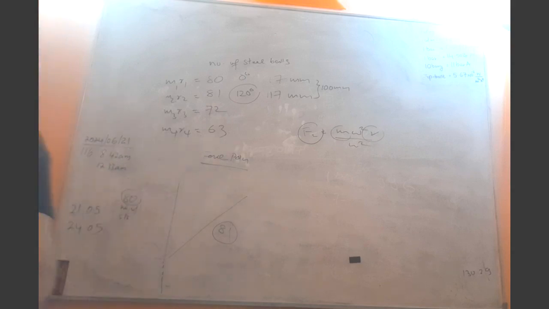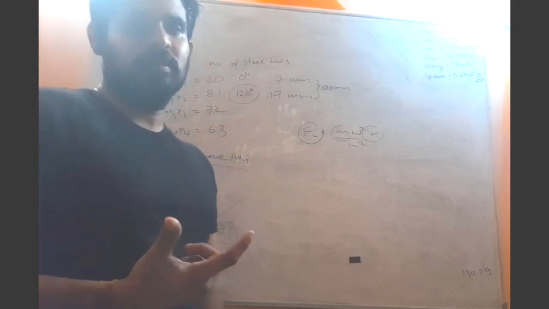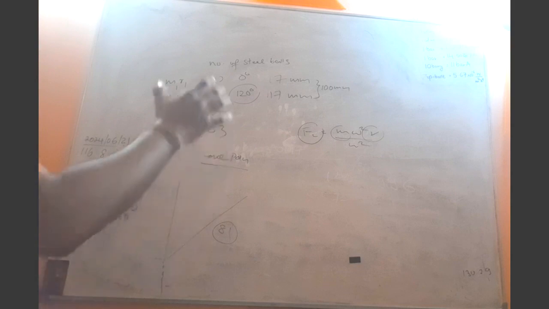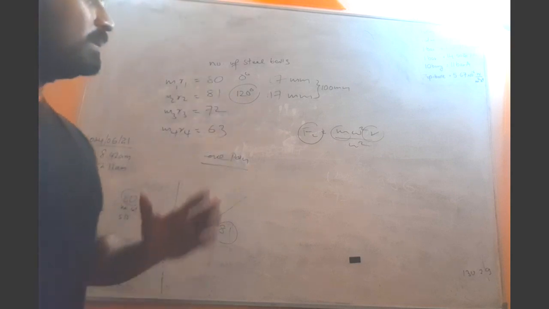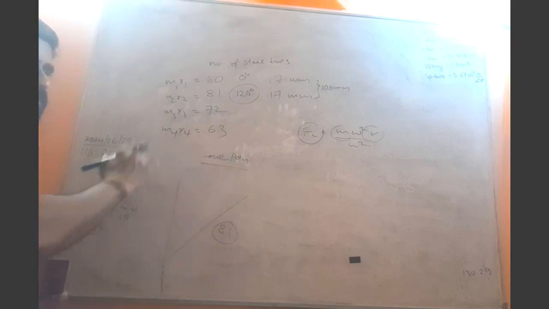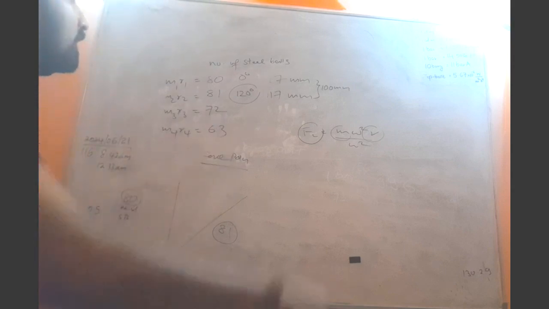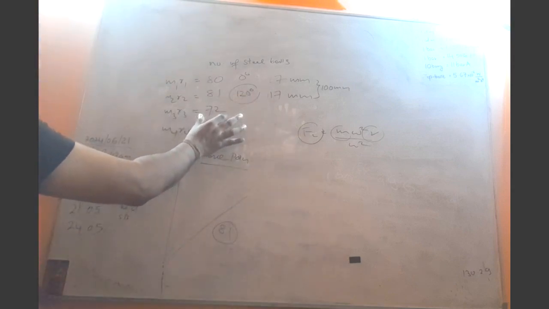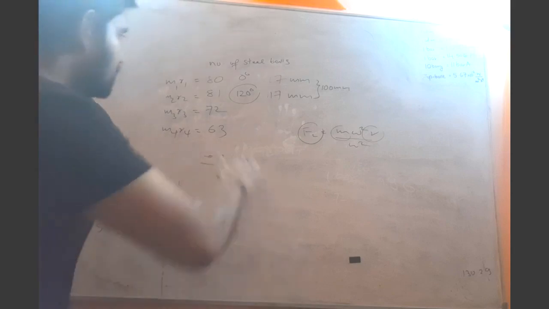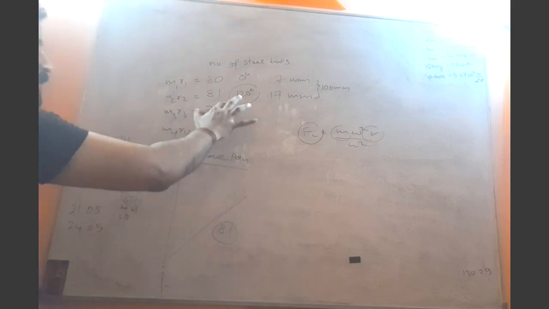Now the problem: how can we sketch the remaining two vectors? We don't know the angular positions. So what should we do? Just take the compass. The next angular positions we don't know, but if the system is balanced, that means all the centrifugal forces are balanced, so we have to obtain a closed polygon. Measure the length that represents 72 steel balls.